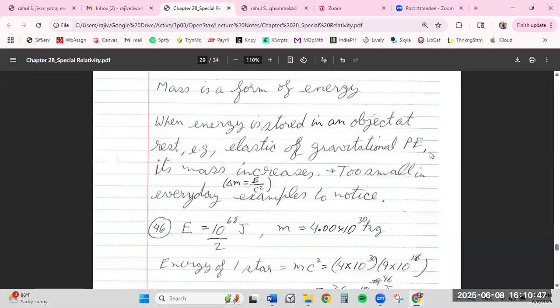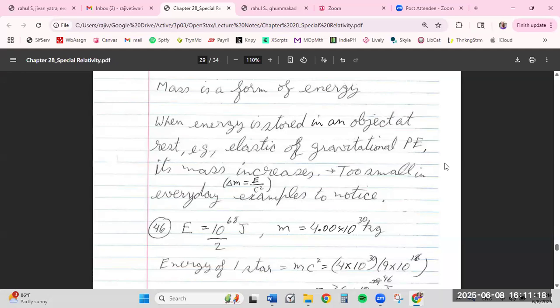It's an object at rest that has these energies. So when there is stored energy in an object, either gravitational potential or elastic potential, that energy shows up as mass. So you can think of it as its mass having increased. The mass increases if an object has elastic potential energy or gravitational potential energy.